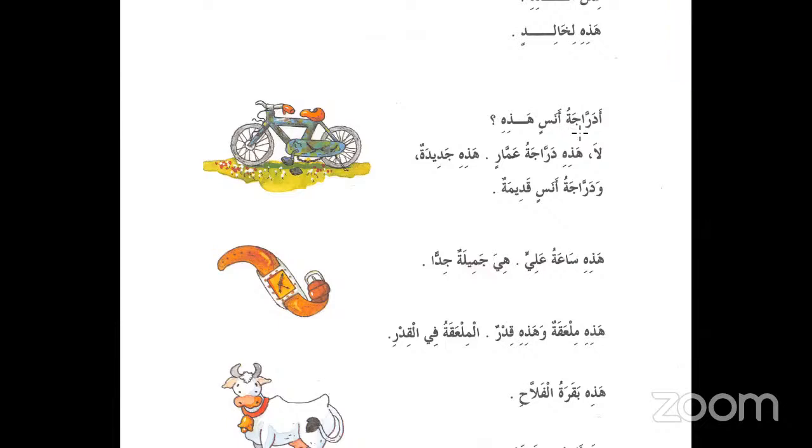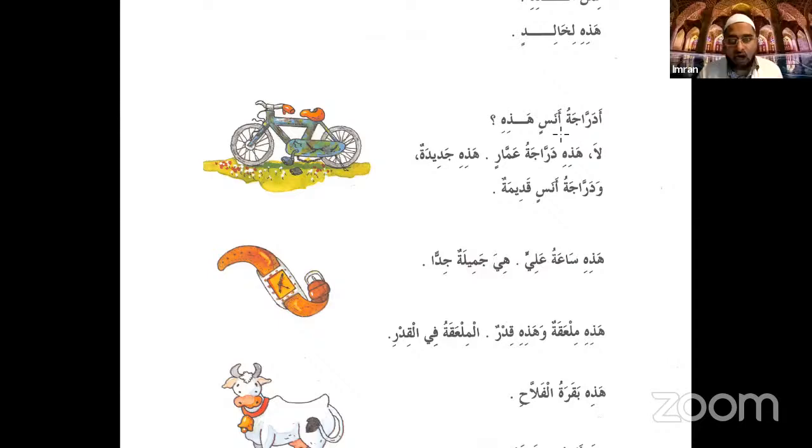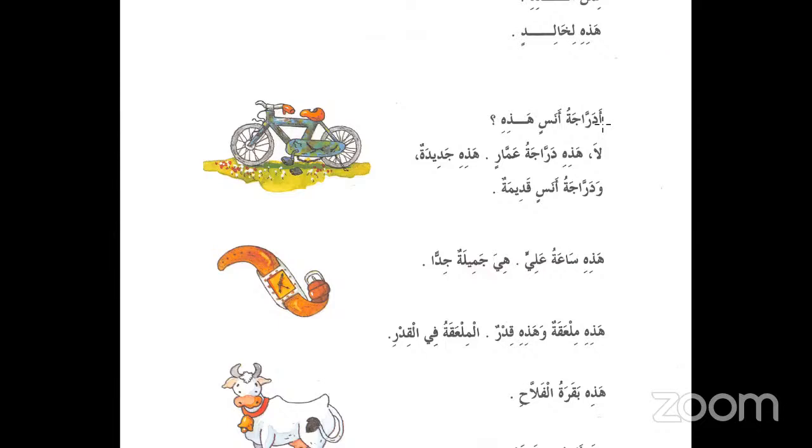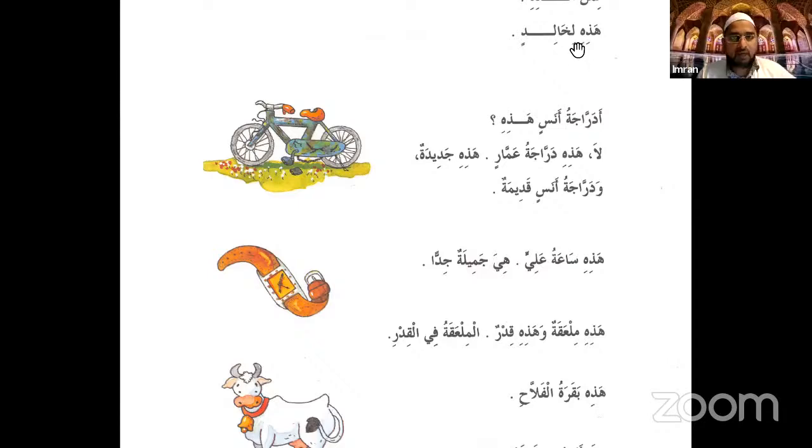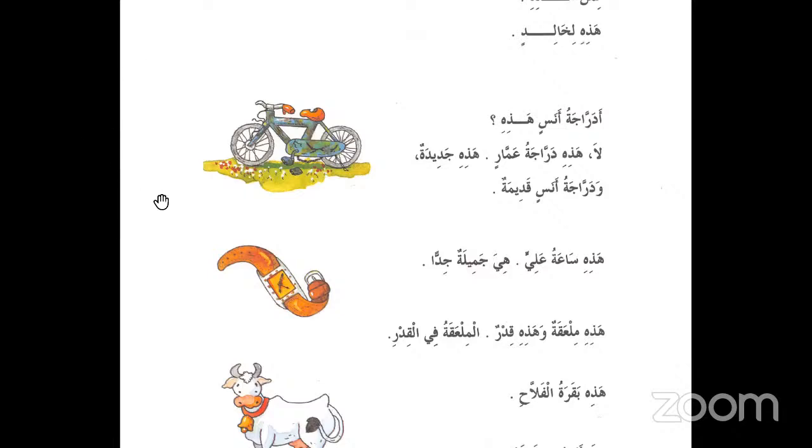Hadhihi is the mubtada. Darajatun is the khabar. So it should have been hadhihi darajatun, this is Anas's bike. But they brought in the khabar before because they are asking the question about it. So darajatun Anasin is the khabar and hazihi is the mubtada. Correct. Thank you.